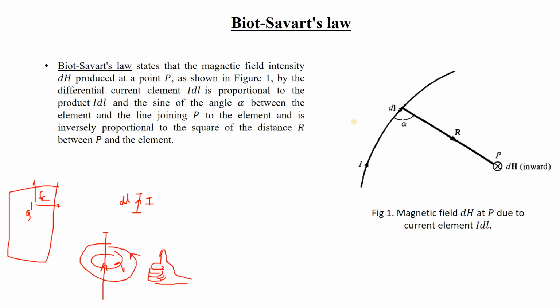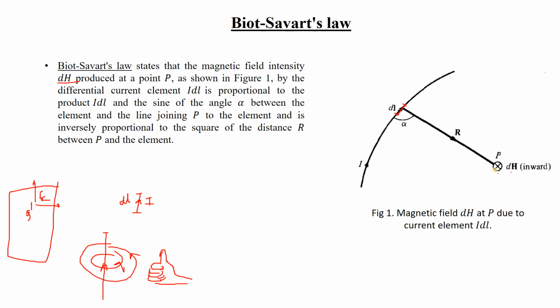That is why we will consider a small current carrying conductor like this, dl, and the current is I. It will create a magnetic field intensity dH at a particular point.